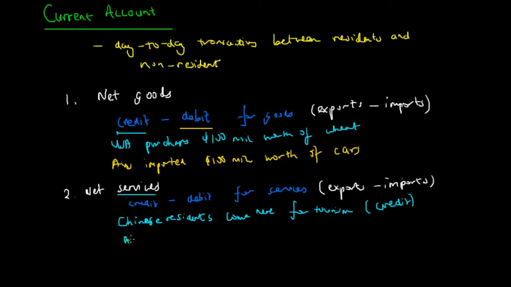And again, if Australian residents go to, say, the USA for university, this is recorded as a debit in the net services account. So now we know what net goods and net services are. We'll just rub these out.